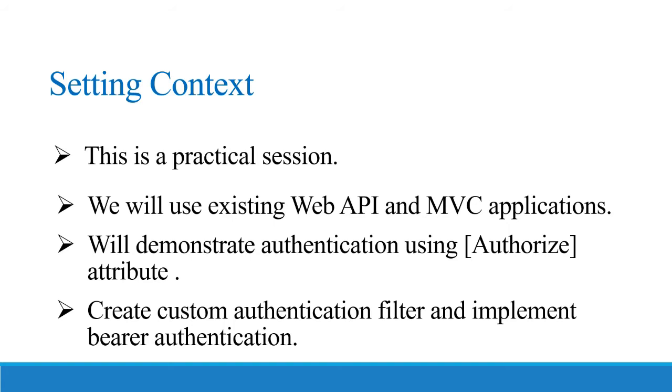So to allow a specific user, you must implement authentication in web API so that it is secure and you can provide it only to those users whom you want to provide it.